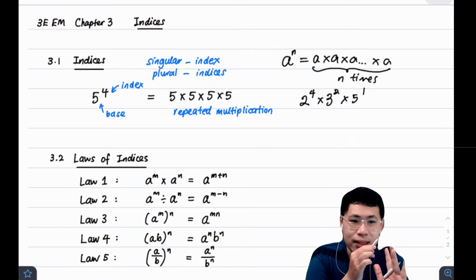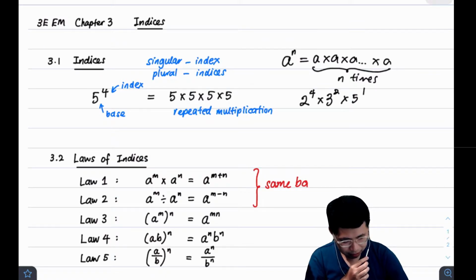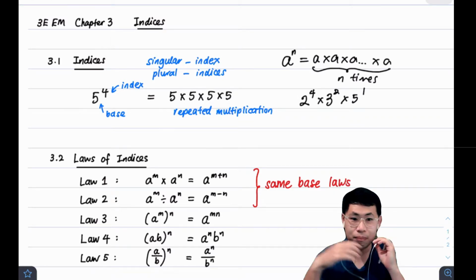So what are these laws actually? I like to call these 2 laws our same base laws. As you can notice, all these numbers have the same base. They are of base a.